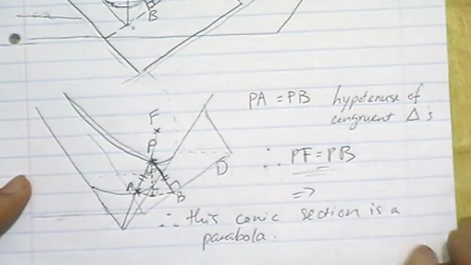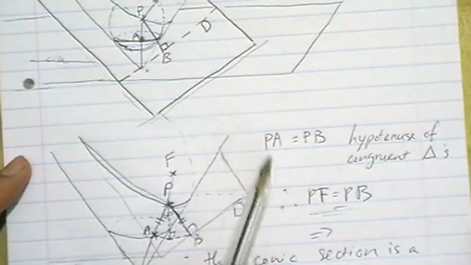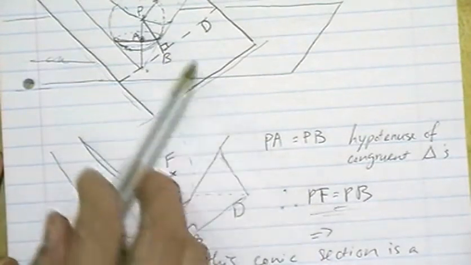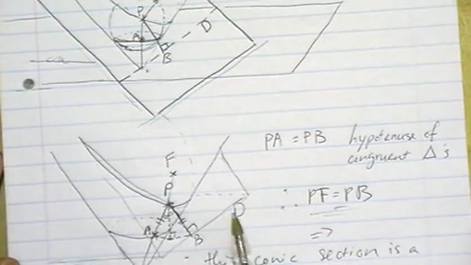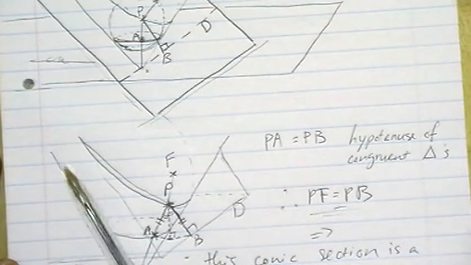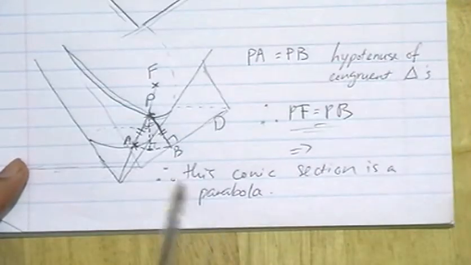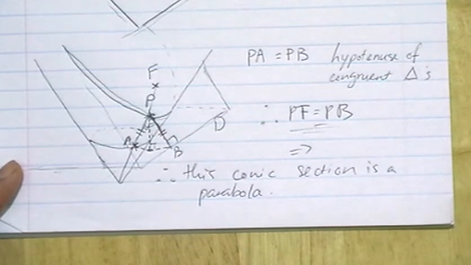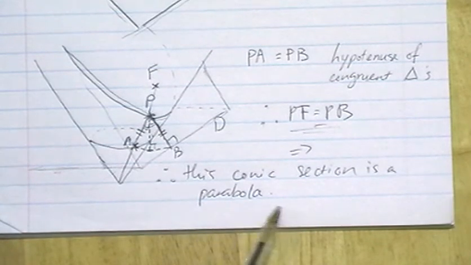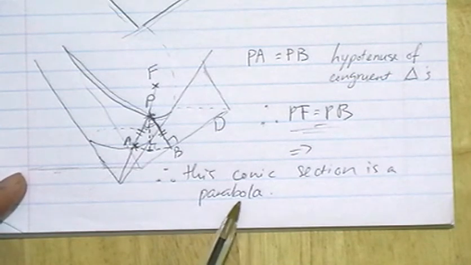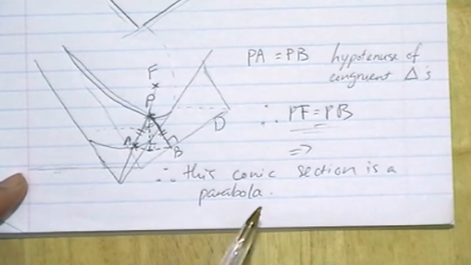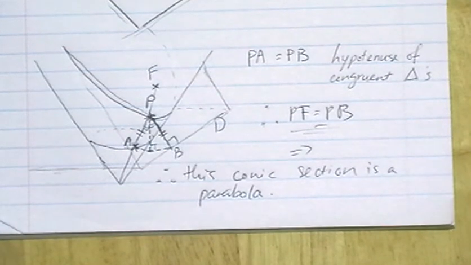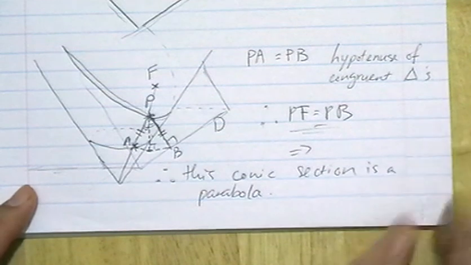But not all conic sections are parabolas, but this particular one, where the plane cuts at an angle such that the plane is parallel to one side of the cone, this particular conic section is a parabola. So therefore, conversely, we can say that a parabola is a conic section. Okay, we'll stop here.